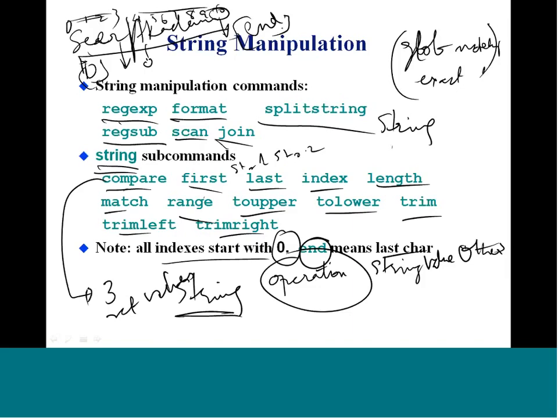If string 1 does not exist as a part of string 2, it returns -1 to indicate that string 1 is not part of it. And last is the same, but for the last occurrence of string 1.